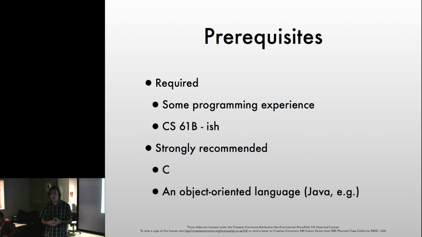We highly recommend that you're familiar with C or an object-oriented language like Java. Objective-C, as you can probably guess, is an object-oriented language, and so having familiarity with an object-oriented language is going to be very beneficial to picking up Objective-C. Any questions about prerequisites? That should be pretty clear.